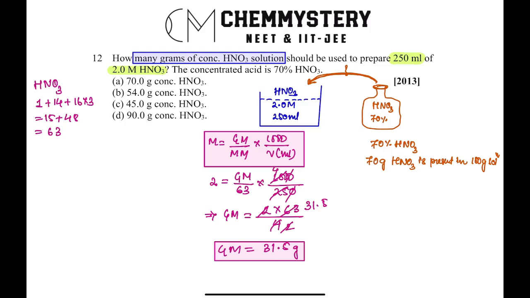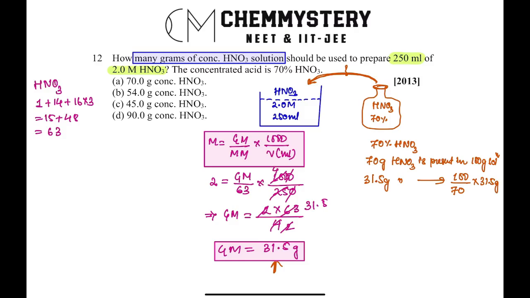If I have to get 31.5 gram, I don't need 70 now, I need 31.5. This much I need. 31.5 gram of HNO3 will be present in 100 divided by 70 into 31.5 gram of the solution. Yes or no?